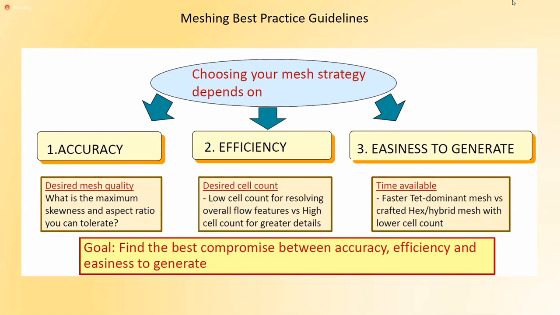The prism layers that are orthogonal to the gradient of the flow. You want it to be as good as you can, because otherwise you'll get a big truncation error, and it's going to mess up your results.